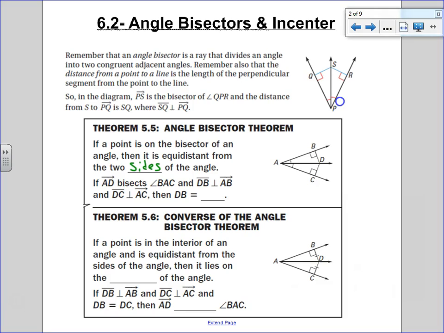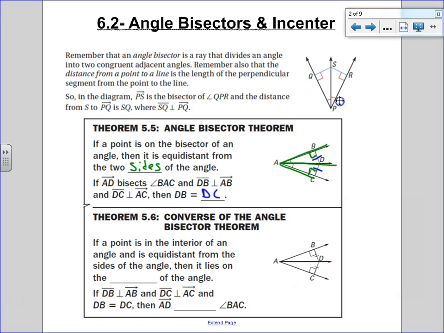So if AD bisects angle BAC, and DB is perpendicular to AB, and DC is perpendicular to AC, then DB will be equal to DC. Those two segments will be congruent.